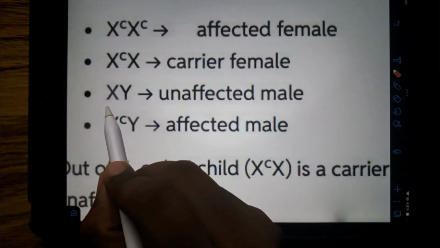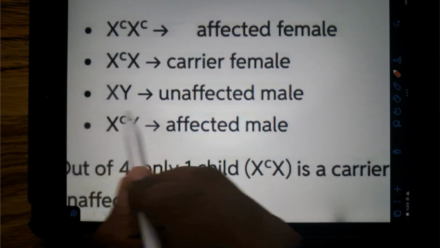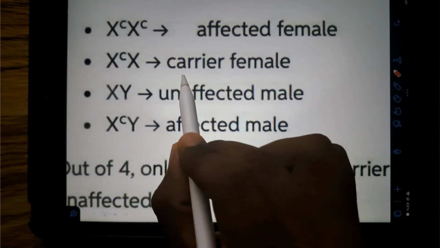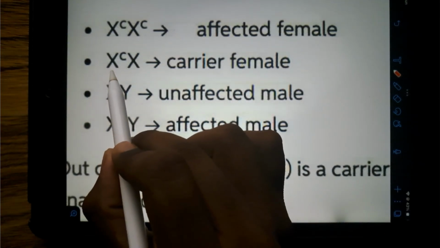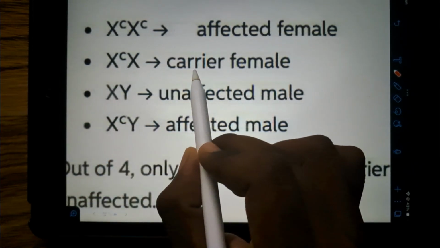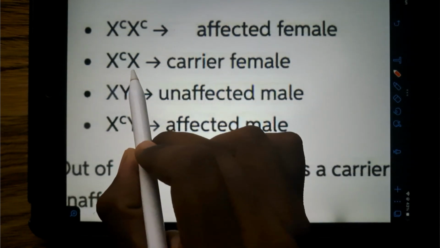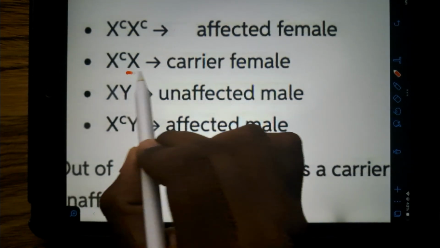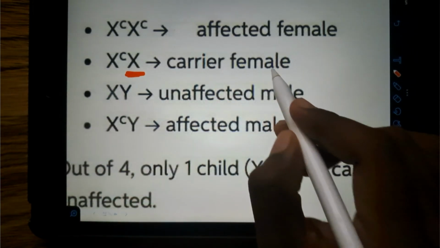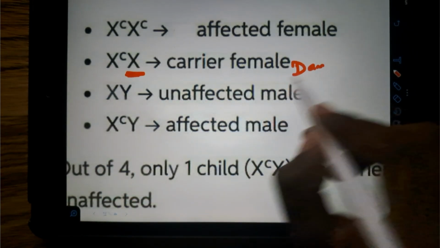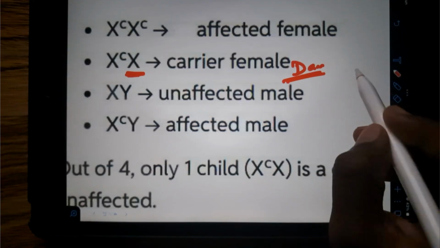If the X chromosome is not affected, it is an unaffected male. In the case of a carrier female, only one of the X chromosomes is affected, so she will be a carrier, and the other will be free, no disease. Here this will be dominant, so this female or this daughter will become a carrier for the next generation.